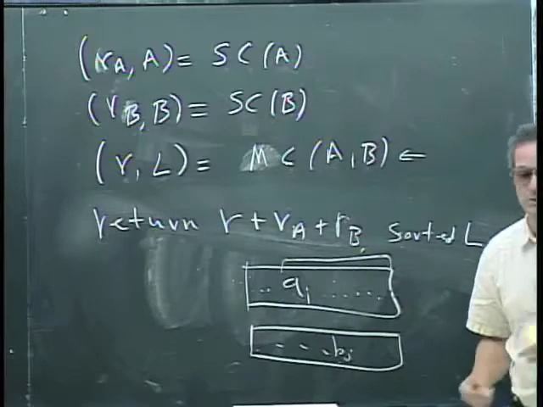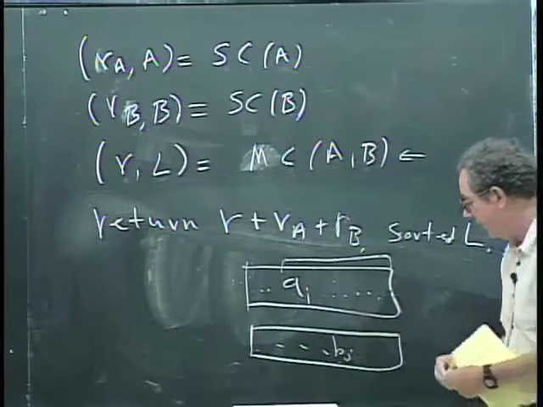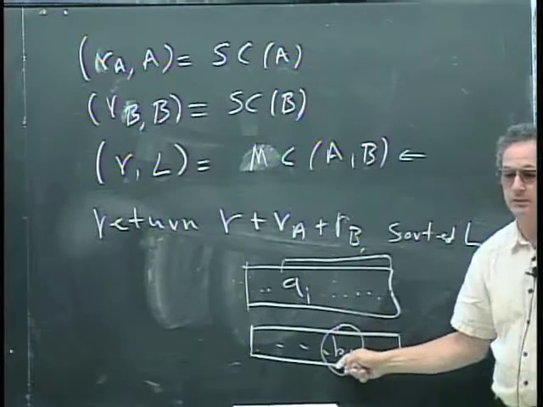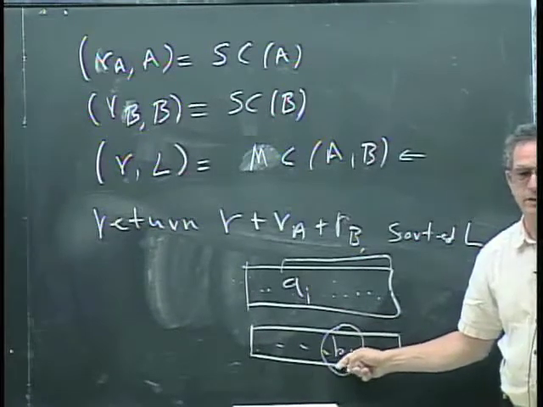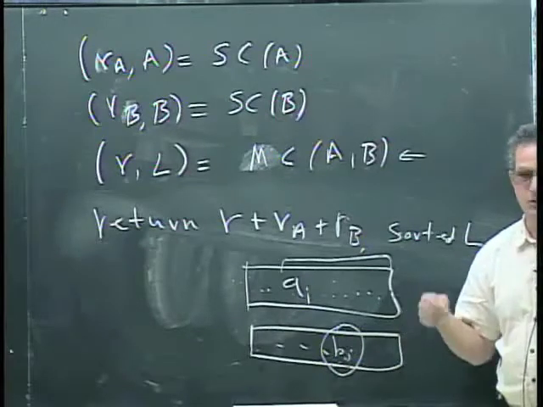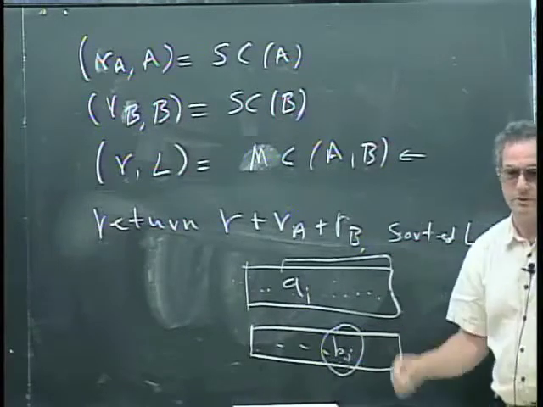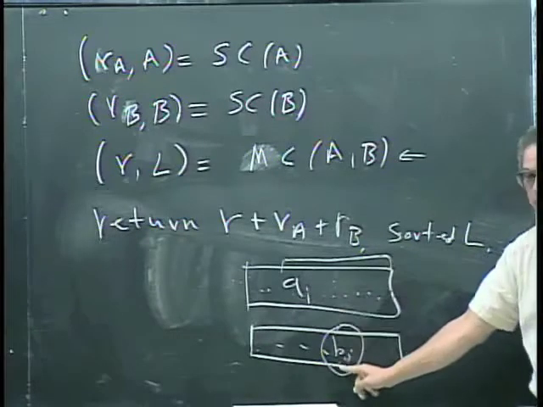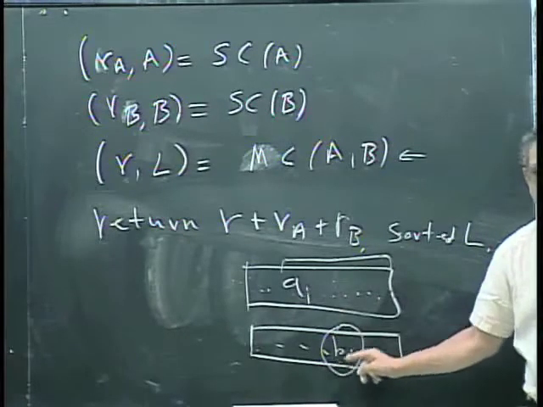Well, each one of those inversions is associated with a pair, an A-B pair that involves this element in B. So every one of those inversions that we're counting can be charged, that's the sort of computer science jargon, can be charged to B, to this little b, bj.